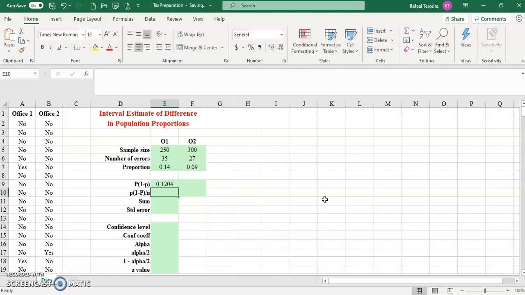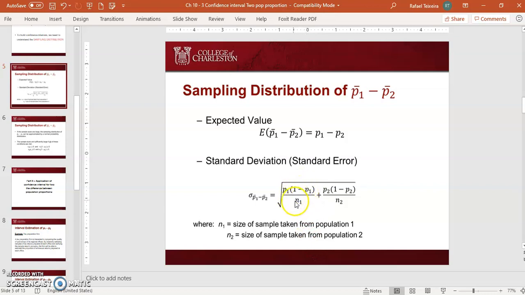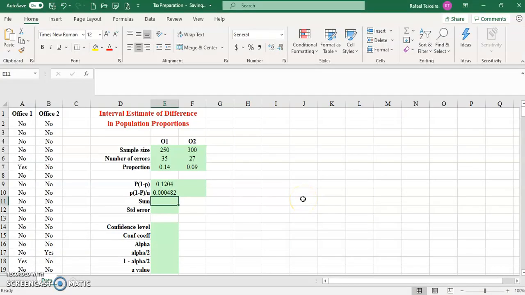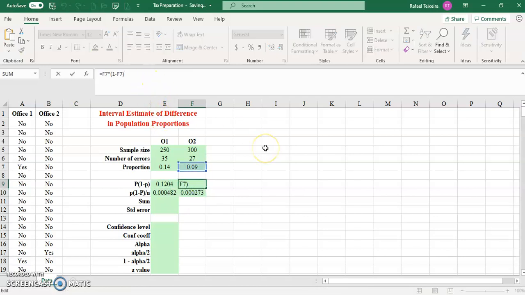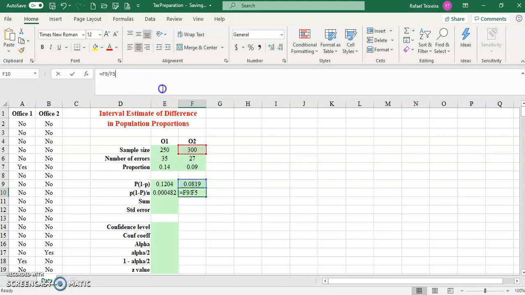Then I divide this number by the sample size, and then I have these terms here. Then I'm going to simply copy this and make sure that I'm using the correct information. Okay, it's okay.